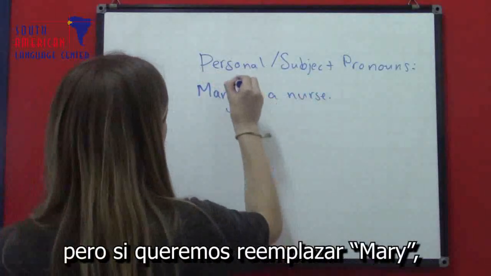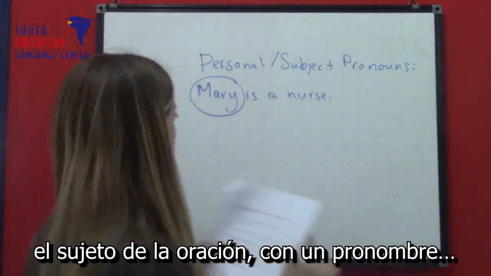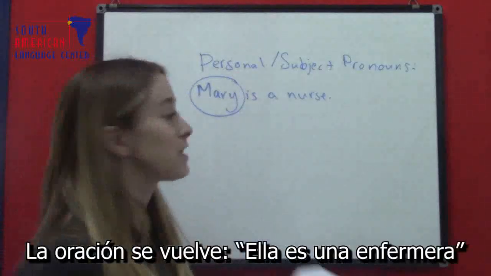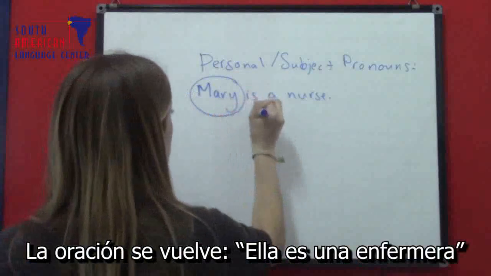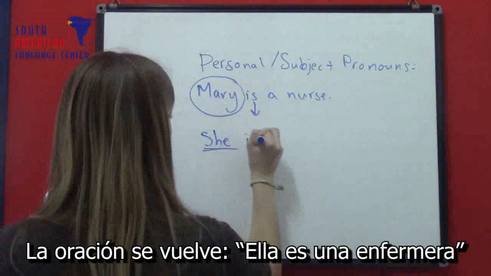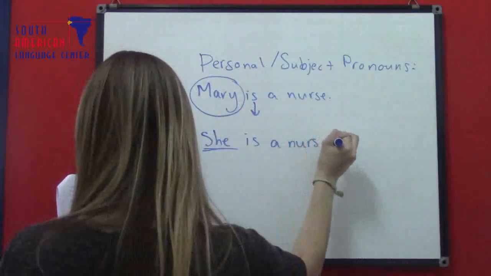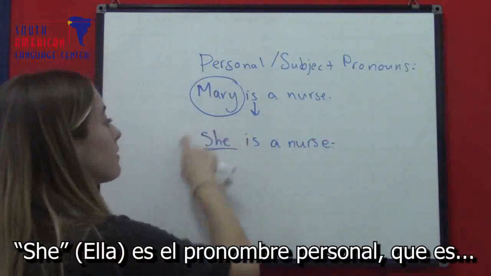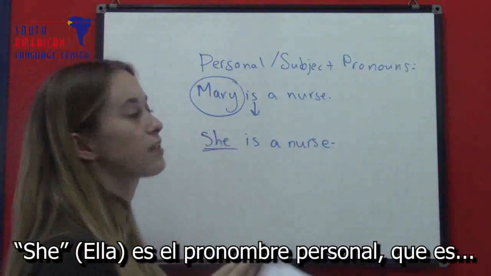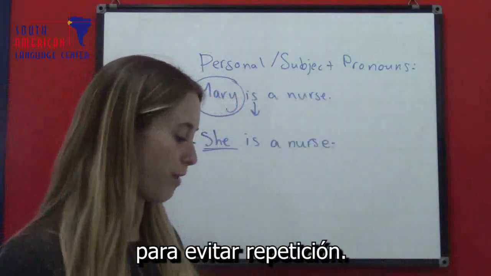But if we want to replace Mary, the subject of the sentence, with a pronoun, the sentence becomes she is a nurse. She is the personal/subject pronoun that is a replacement for Mary in the sentence to avoid repetition.